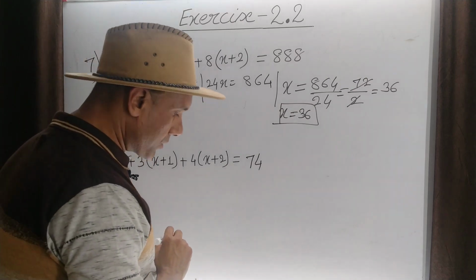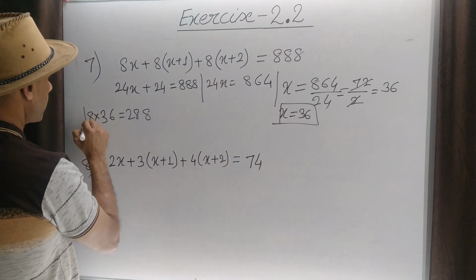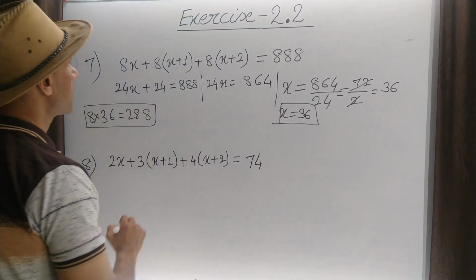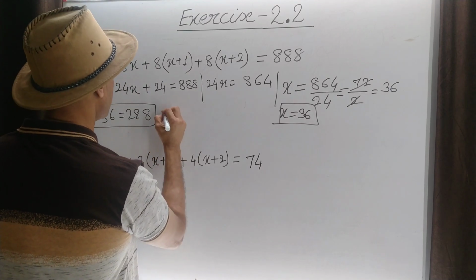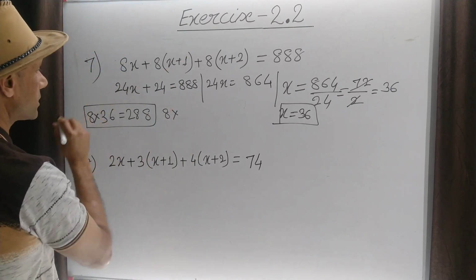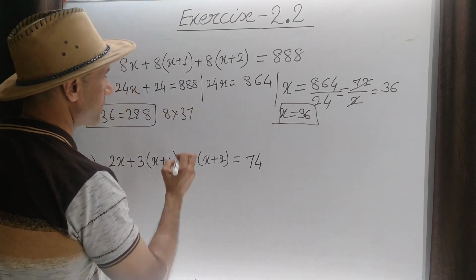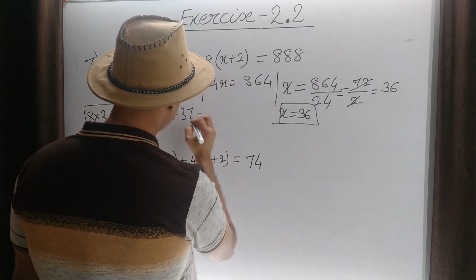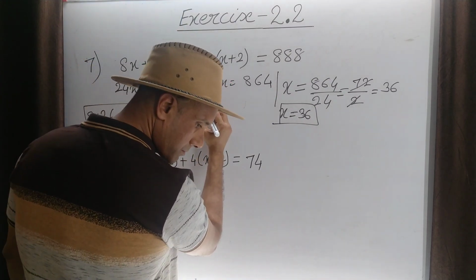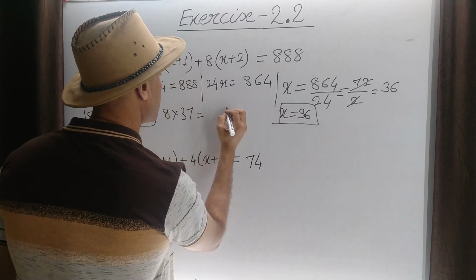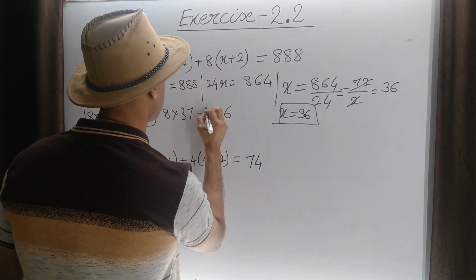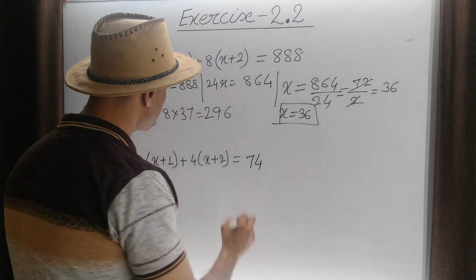That is 288. So the first multiple we have got is 288. The second multiple is nothing but 8 into x plus 1, 36 plus 1, that is 37. We get the value as 296. Correct?